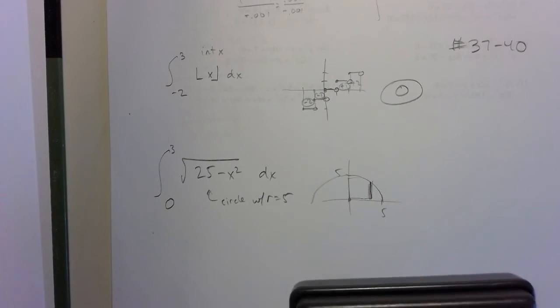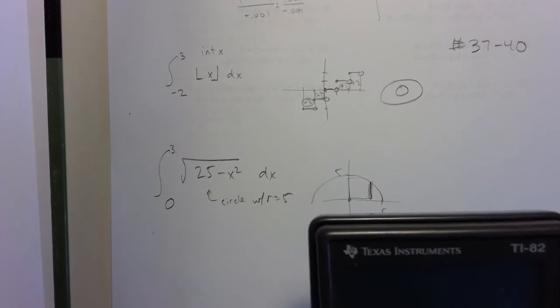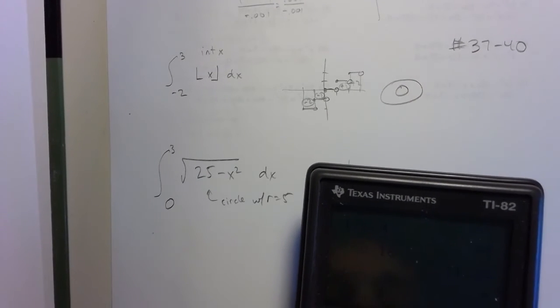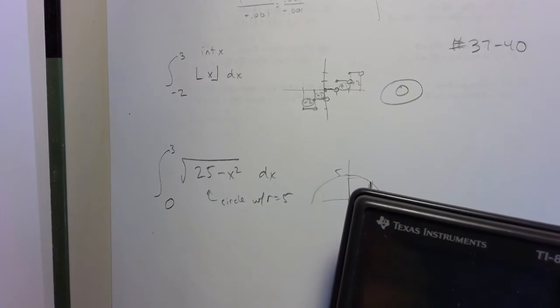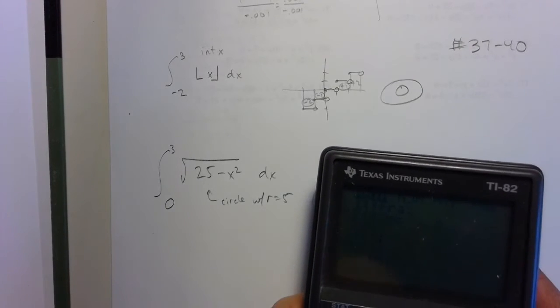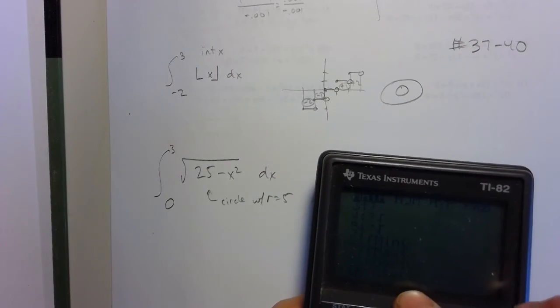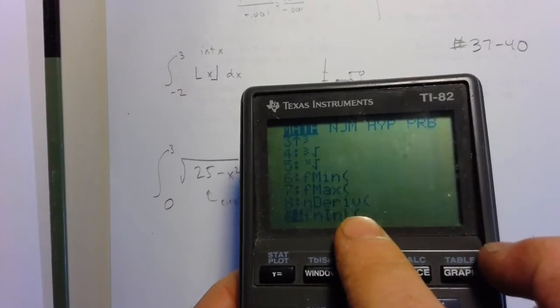Now, your calculator is newer than mine, so it's the same button that you're going to press, just might look a little different. So the calculator can evaluate this one for us. If we hit math, and then we go down, it'll say FN int on mine, and yours might say something different.